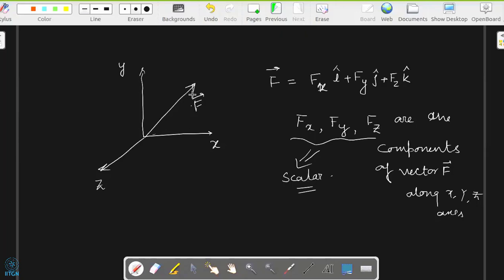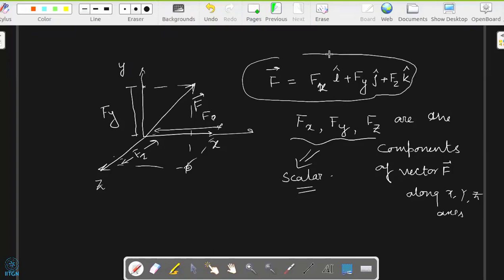So this is what you have in this plane: this is fy, this is fx, and this is fz. And you can write this vector like this using the base vectors of this three-dimensional space.